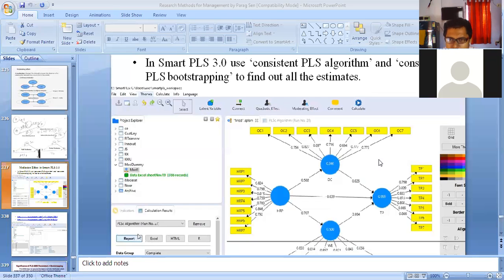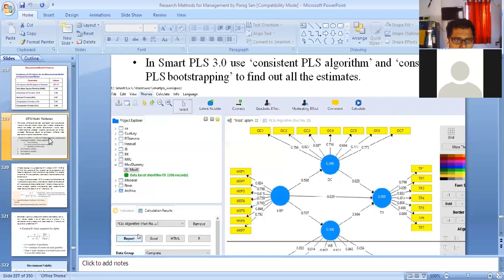But since you have already considered it from the literature review, you cannot neglect it. You can simply say that this particular variable is very less influenced by this construct of organizational culture.